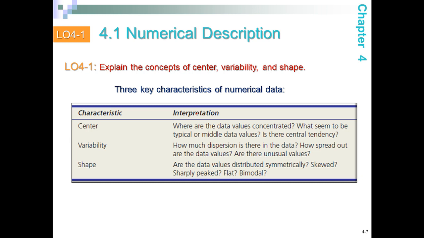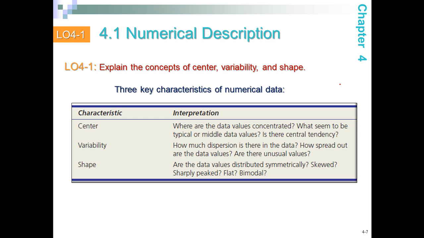When we want to describe a data set like what we did in Chapter 3, we use charts and tables and graphs. In this chapter we're going to talk about how to describe the data using numbers instead of charts and tables and graphs.